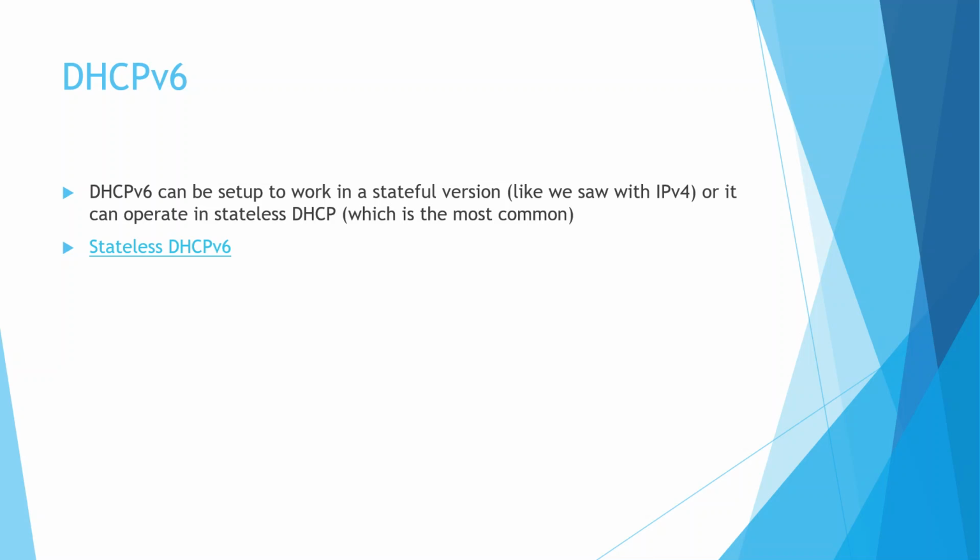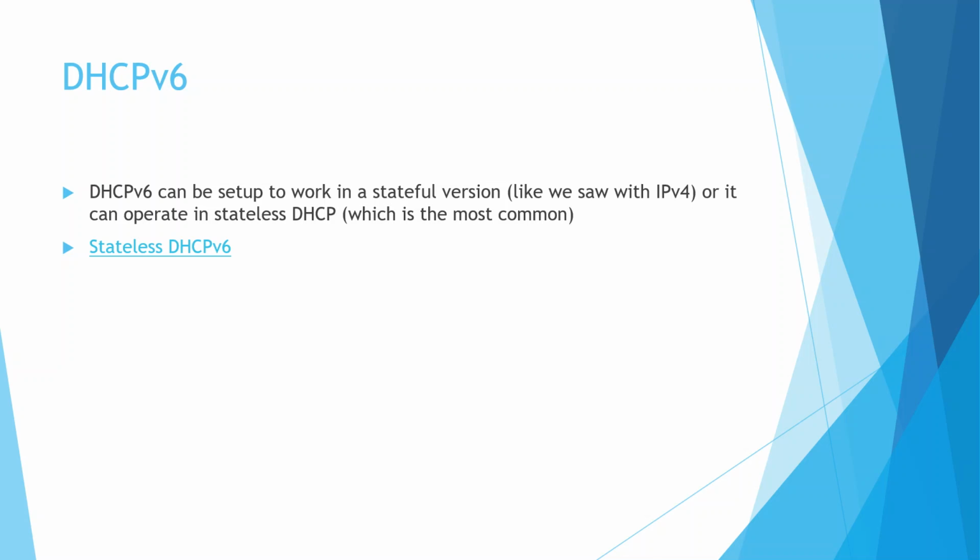DHCP v6. I'm just going to touch on this briefly. There are two ways you can set it up. You can set it up to be a stateful version like we saw in IPv4. However, it's not very common, and the biggest reason is that IPv6 can configure a lot of its own information.